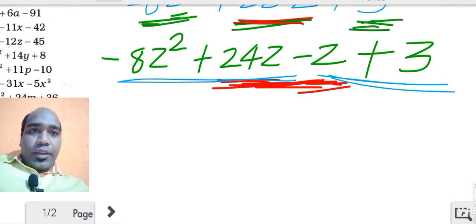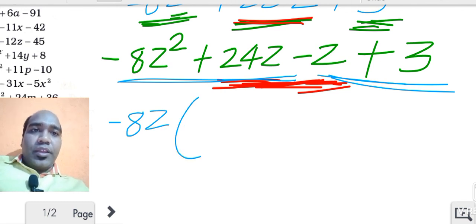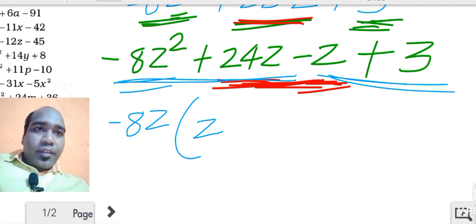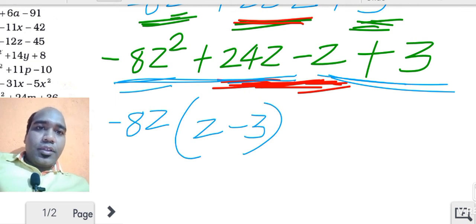Here we can take minus 8z common. So minus 8z into z will give minus 8z square. Again minus 8z, then minus 3, then we'll get minus 24z. Minus 8 into minus 3 will give plus 24, and this z, so we get overall this part.